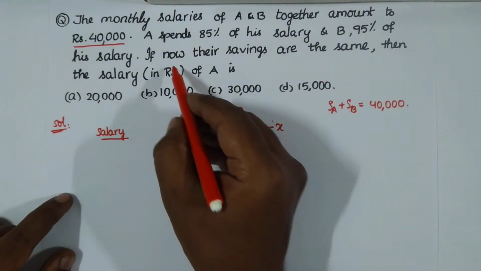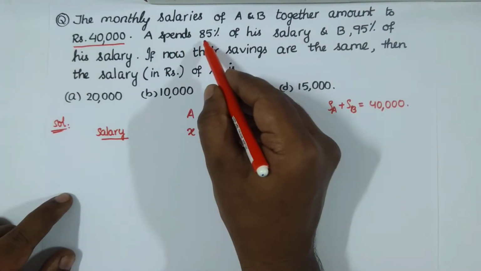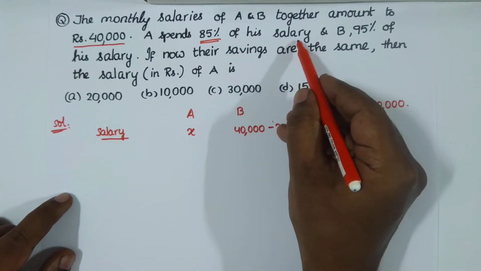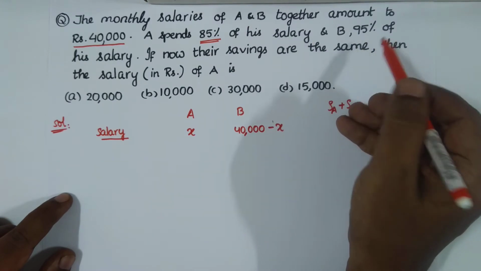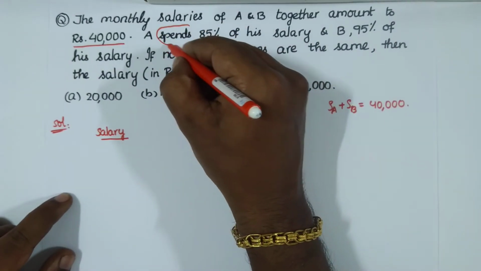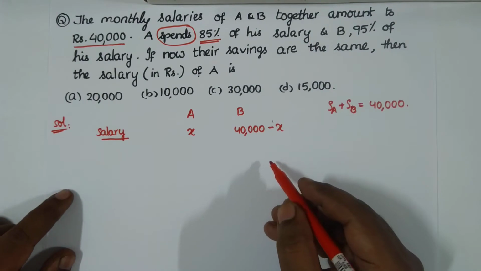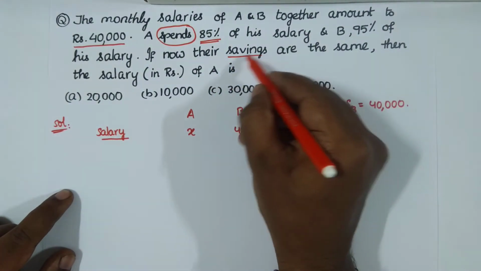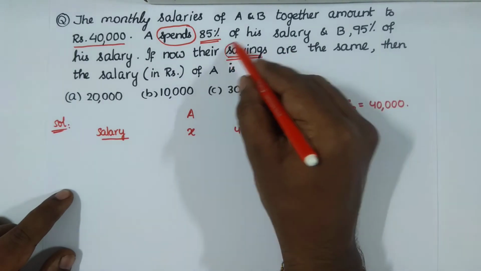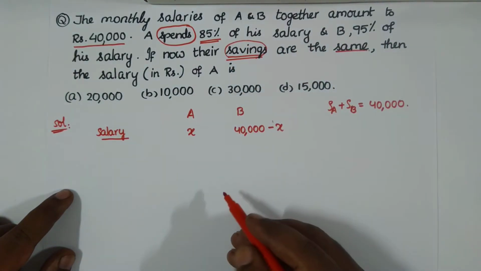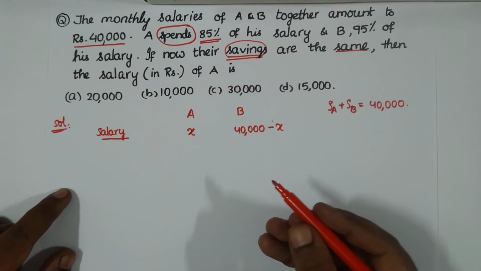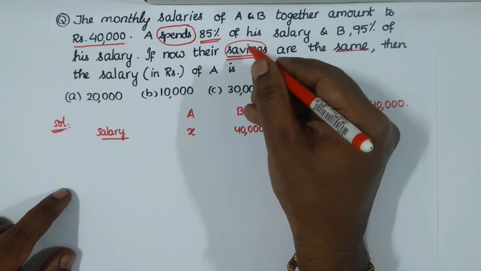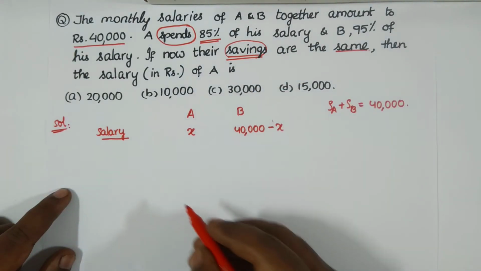Now he says A spends 85% of his salary and B 95% of his salary. So he gave us something in the form of spending, but he is asking, if their savings are the same. When the savings are the same, he is giving us something indirectly.